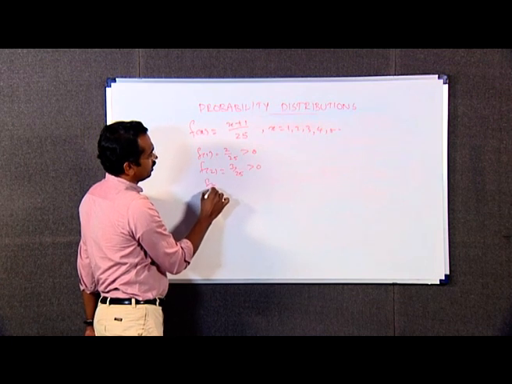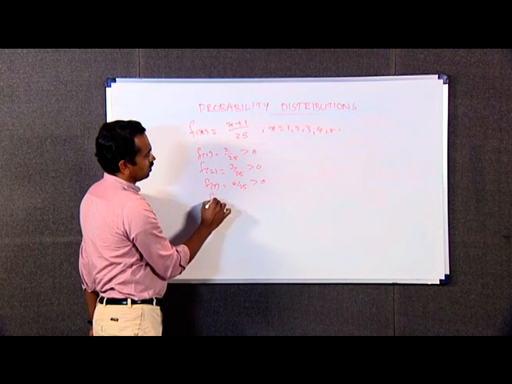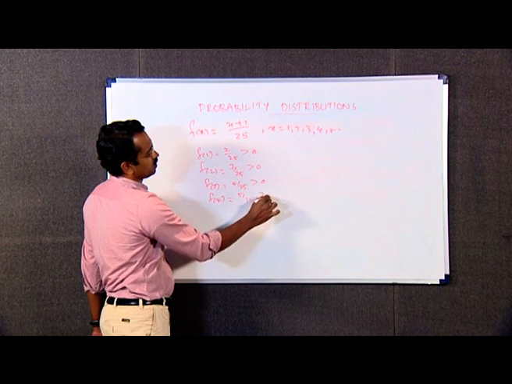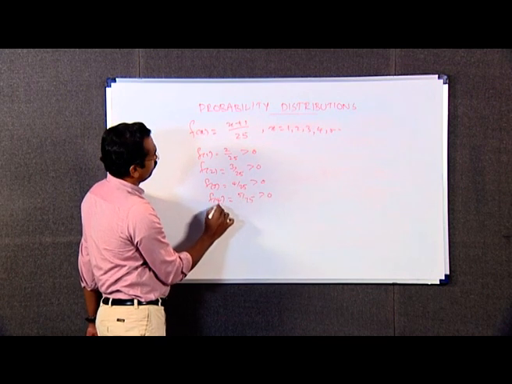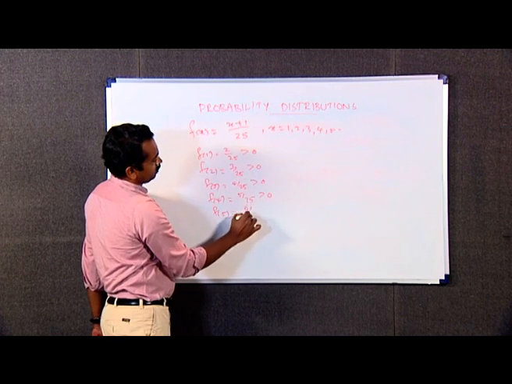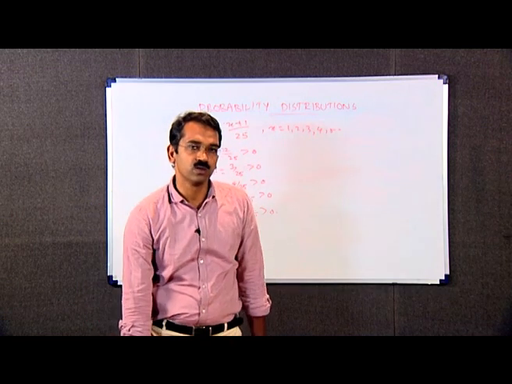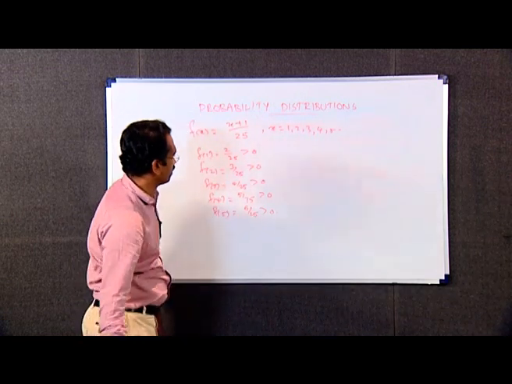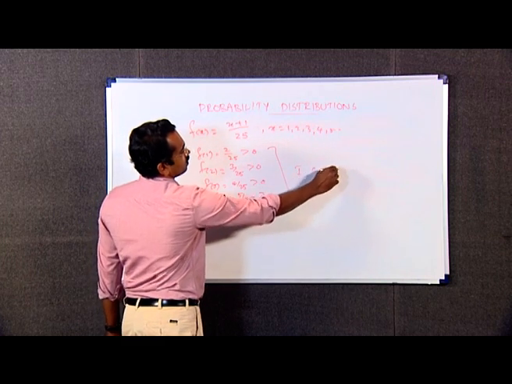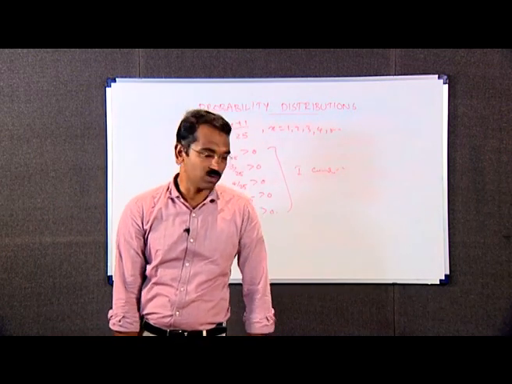F of 3 equal to 4 by 25, greater than 0. F of 4 is equal to 5 by 25, greater than 0. And f of 5 is equal to 6 by 25, greater than 0. That is, f of x is greater than 0 for all values of x. The first condition for a probability mass function holds.